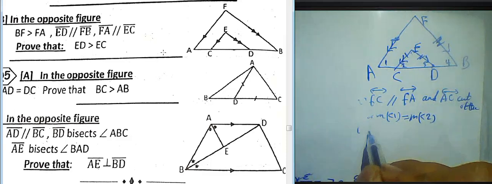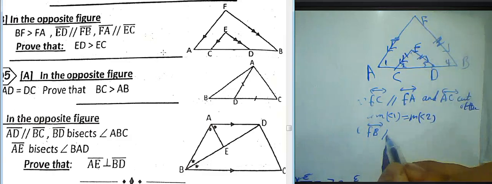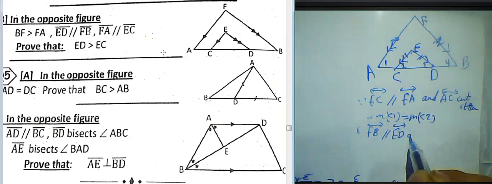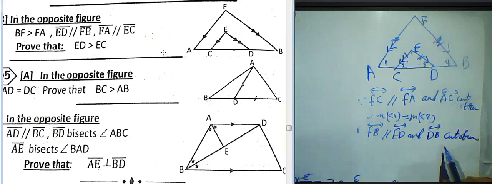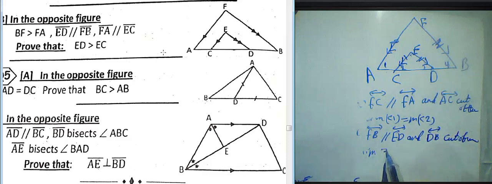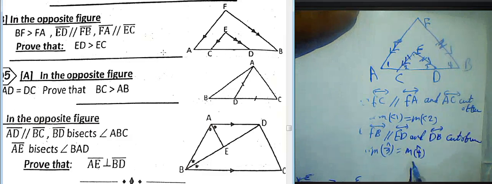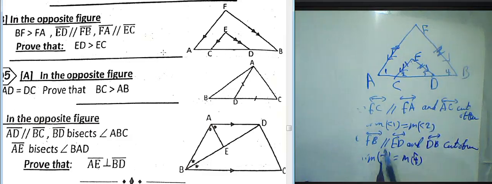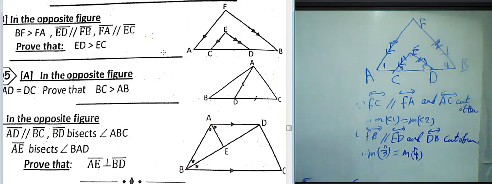And straight line FB is parallel to straight line ED, and BD cuts them, then the measure of angle 3 equals the measure of angle 4. We can complete it.